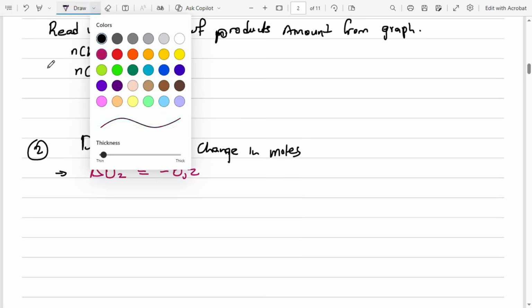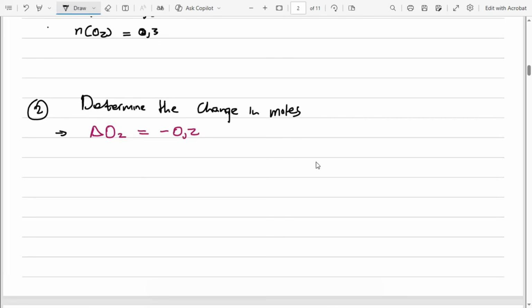Why do we need the change in mole? Because we're going to use what we call the stoichiometric ratio to find the other changes in moles. Remember, the ratio is 2 to 2 to 4 to 1. This is what we have from the balanced equation. So if O2 changes by minus 0.2, what will the HCl change by?